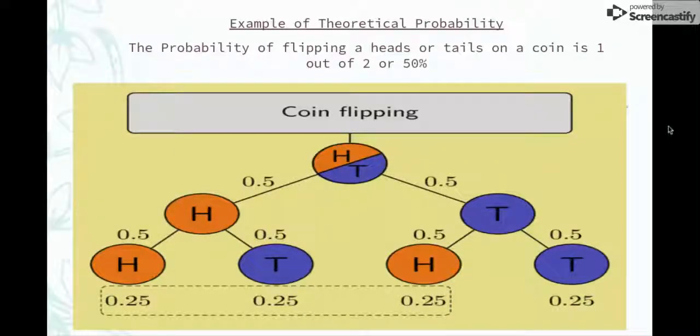So just like spinning on that color wheel or rolling a die, you can also flip a coin. The probability of flipping a heads or flipping a tails is 1 out of 2, or 50%.